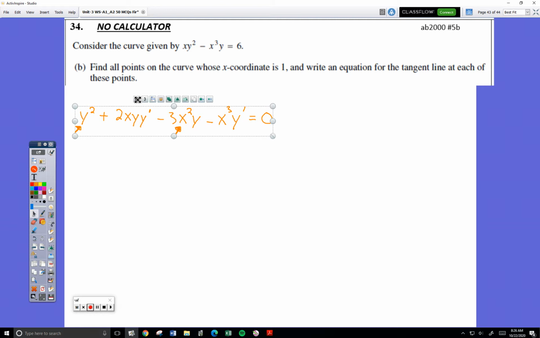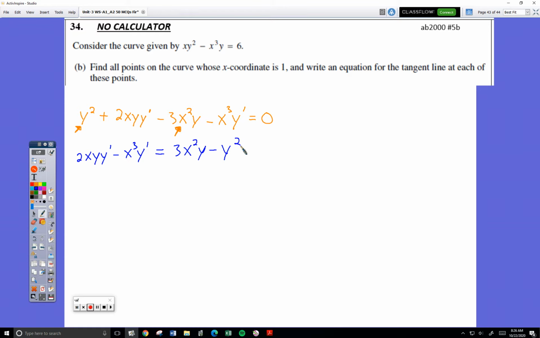This problem's a lot of work. Don't get too nervous. The other 31 problems do not take this many steps. So rearranging, I'm going to get 2x y prime, subtract x cubed y prime equals 3x squared y, subtract y squared.